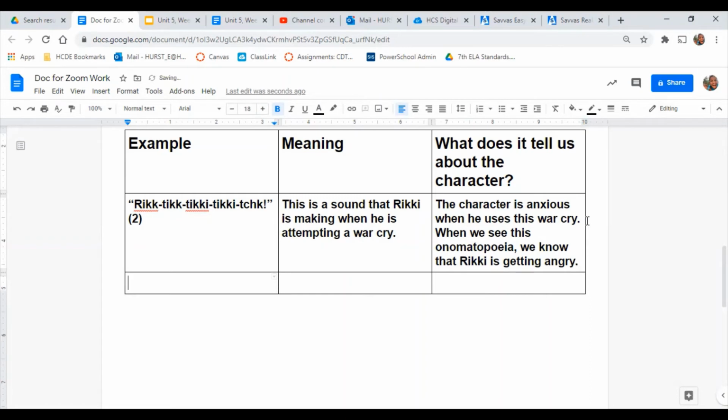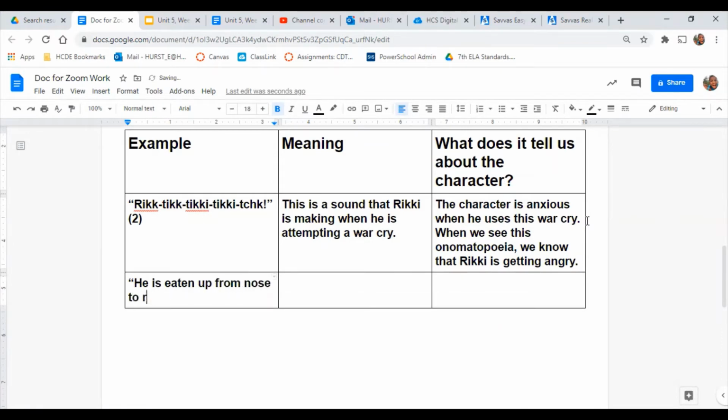The next one that we're going to look at is in paragraph 7. Rikki Tikki Tavi says, well, he doesn't say anything. It's about him. He is eaten up from nose to tail with curiosity. And this is paragraph 7. So this is a good example of it not quite meaning what it says, right? His curiosity hasn't physically eaten him.